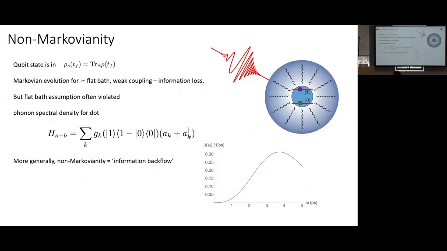So maybe a comment on that first. You can always do dynamical decoupling, but the rate at which your pulses occur becomes faster and faster with the system-environment coupling.